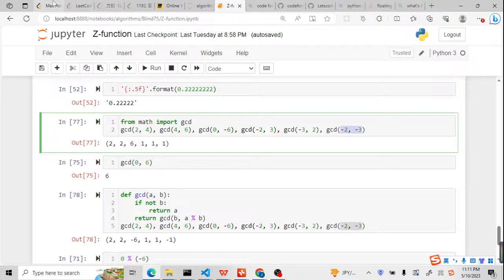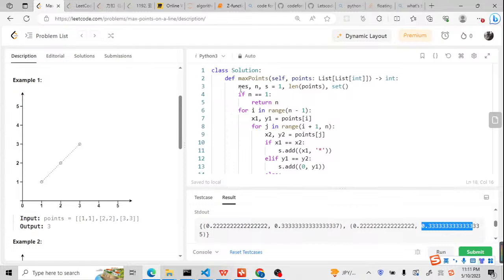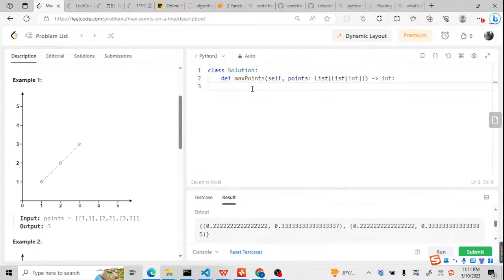Now let's just code it up. Let me delete all those lines and start from the beginning.